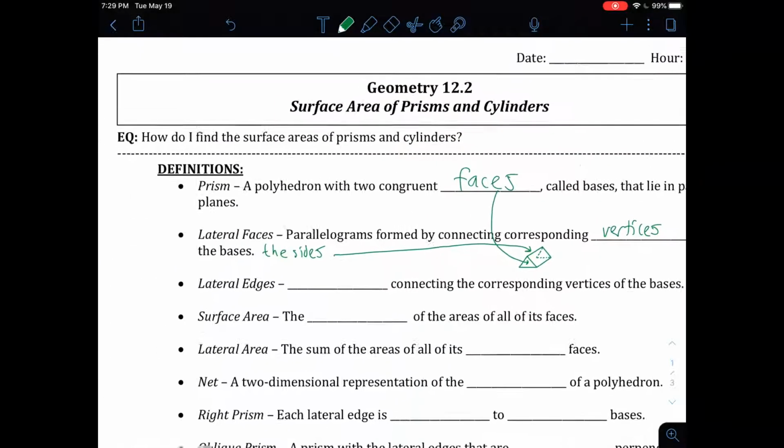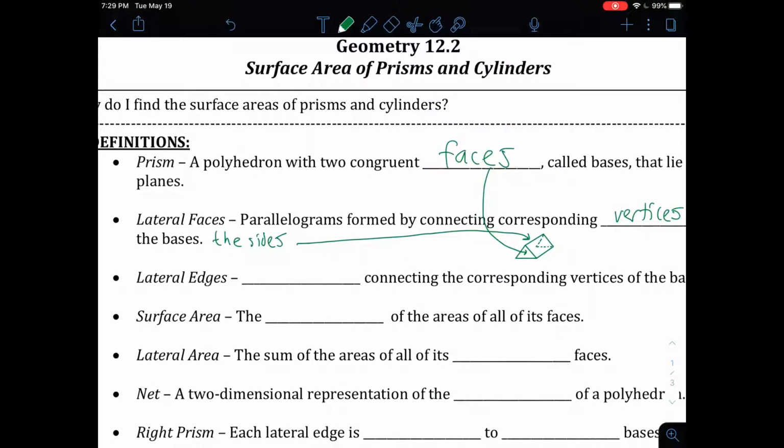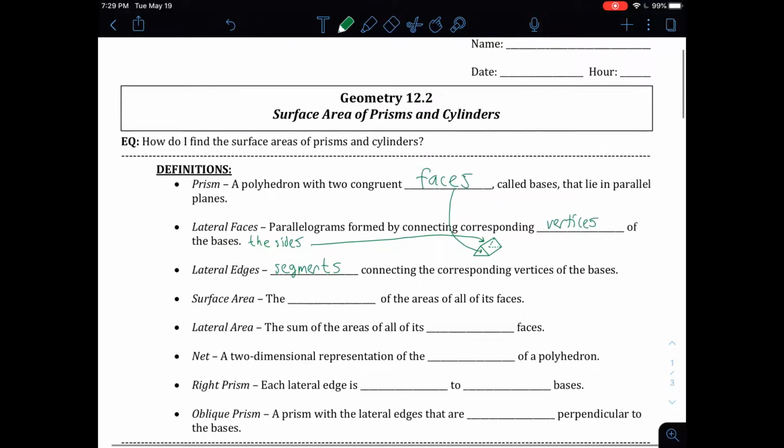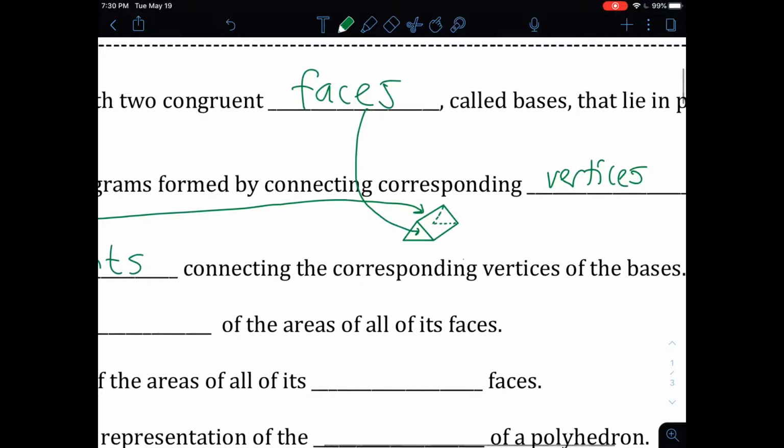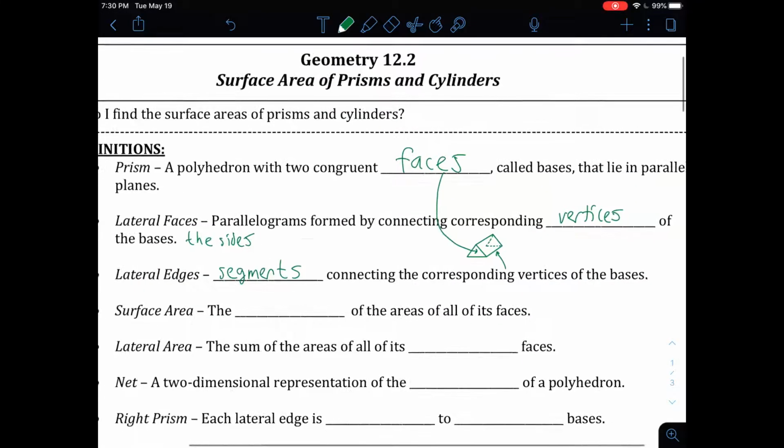All right, lateral edges are going to be segments. They're going to be what? Segments connecting the corresponding vertices of the bases. So lateral edges are just the edges of the sides. Actually, I should have made that more clear with the previous thing. Let's erase this. So the lateral faces, the sides, it's going to be like... That was really bad.